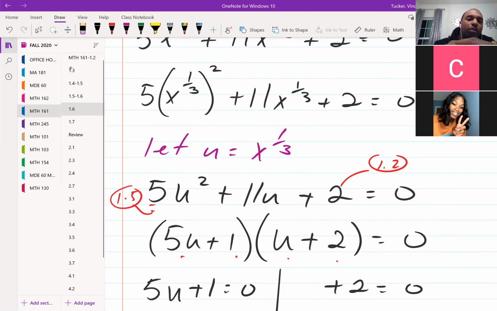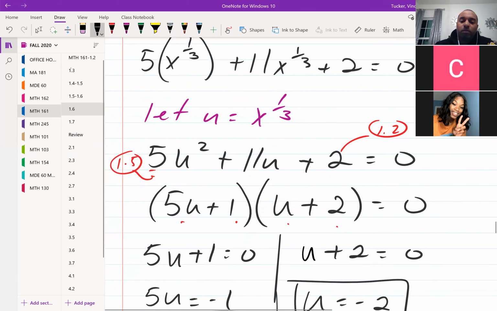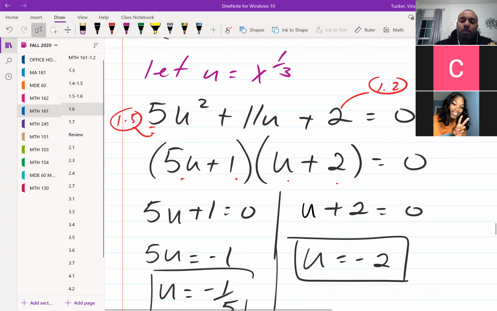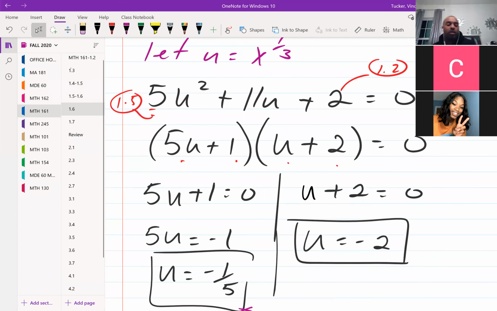Set each part equal to 0. And we have u solved for. All right, once again, we're not finished because we didn't start off with u, but any questions on how we got here?